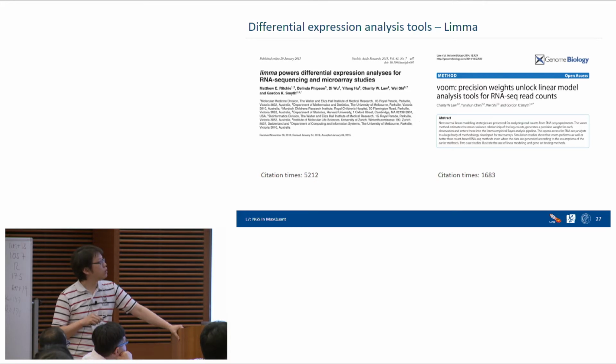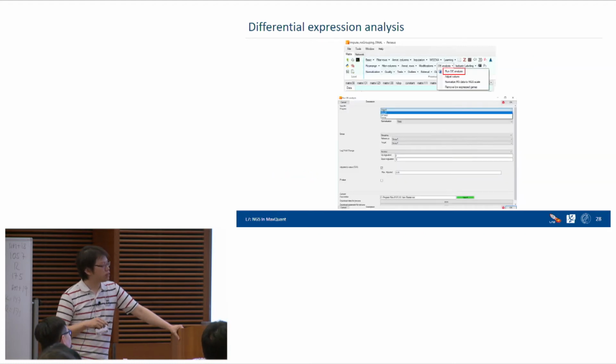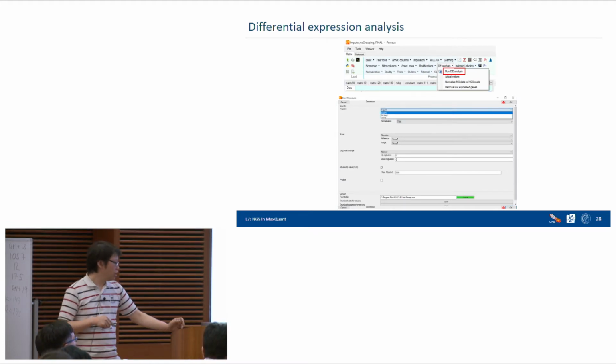So there's another tool called Limma, which was originally built for microarray data. The data type is quite similar to proteomics. But right now they have also developed a new algorithm which allows Limma to be used for RNA sequencing as well. This is the algorithm, and you can see the citation count is also very high.